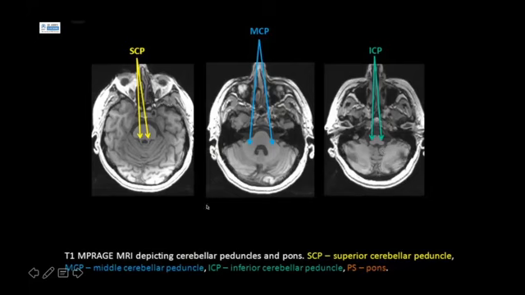Realistically, on your exam, if you're going to be asked this, it's most likely going to be the middle cerebellar peduncles, because the superior and inferior ones can be quite difficult to detect on MRI imaging. So I would really focus on the middle cerebellar peduncles, which connect the brainstem to the cerebellum, particularly the pons to the cerebellum.